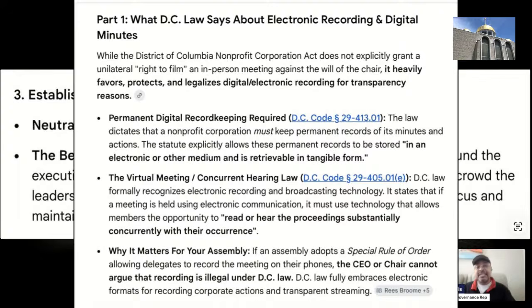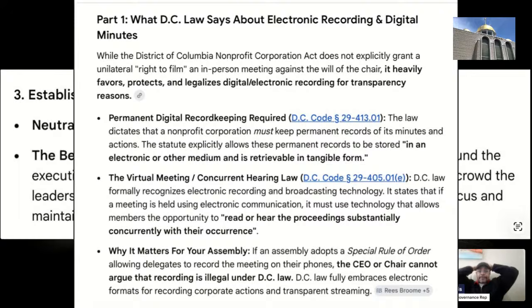The statute explicitly allows those permanent records to be stored in an electronic or other medium and retrievable in tangible form. That means even if it is digital, it can be printed out in many different ways or forms to be used later.